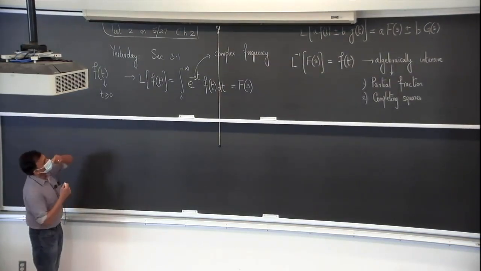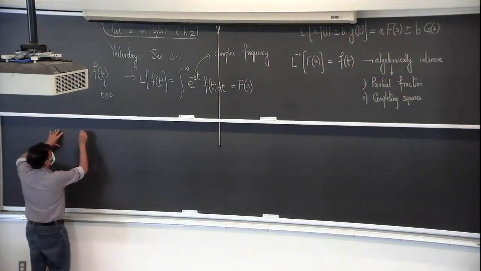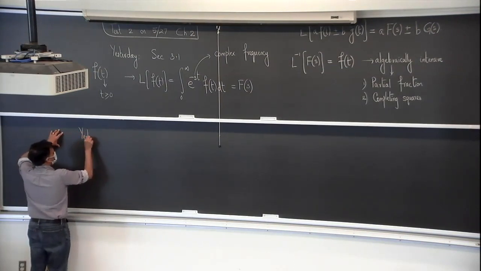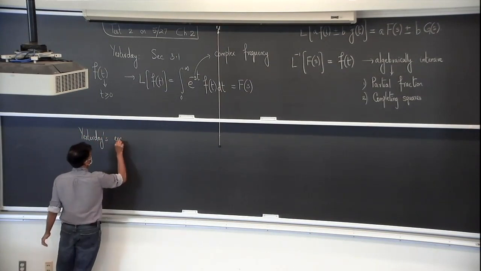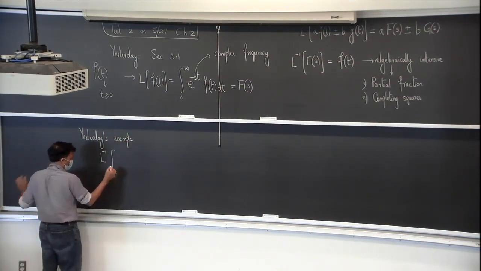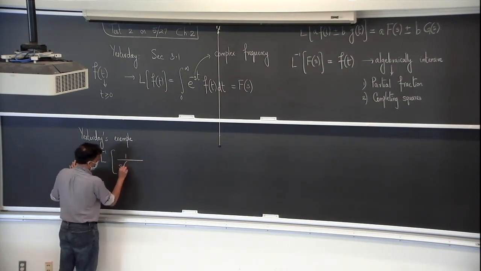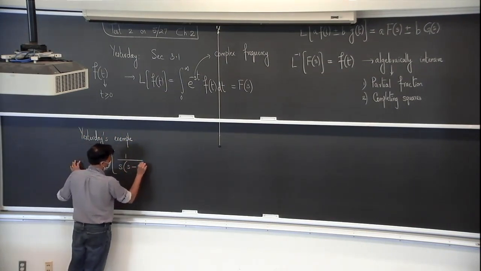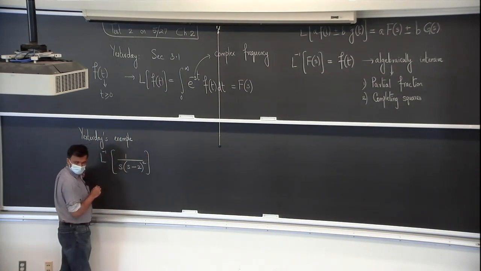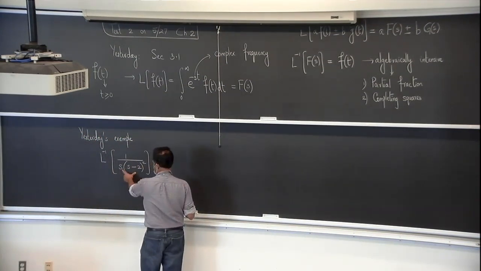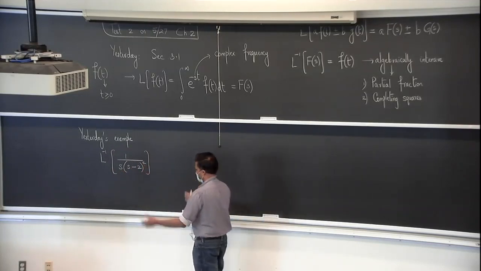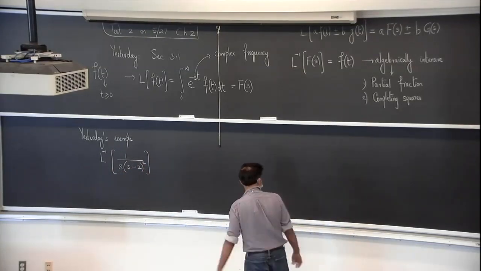Okay, so let's look at yesterday's example. I think it looked like this: 1 over s times (s minus 2) to the power of something like this. And I think I mentioned that for terms with repeated factors, the partial fraction is a bit unique.